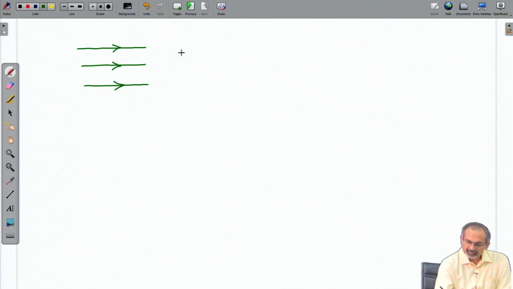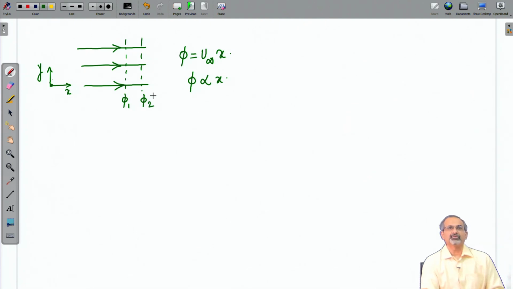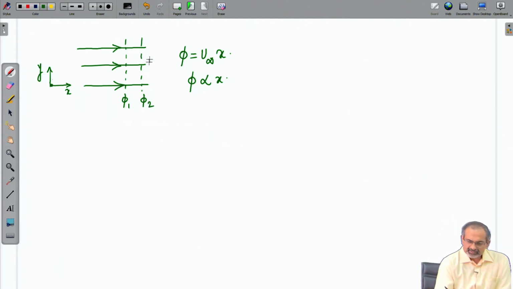Remember that we had developed the expression for velocity potential as u infinity x. So, the velocity potential was proportional to x, and therefore, at different x locations starting from the origin, you would have different values of phi, say phi 1, phi 2, etc. If you look at the streamlines on the other hand, you would have different values of psi, the so called stream function. I will put it as psi bar and then indicate it.